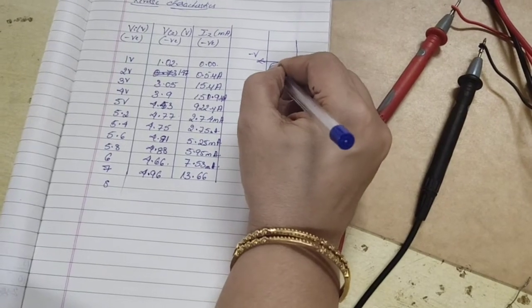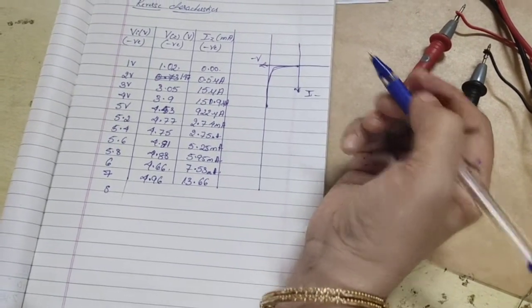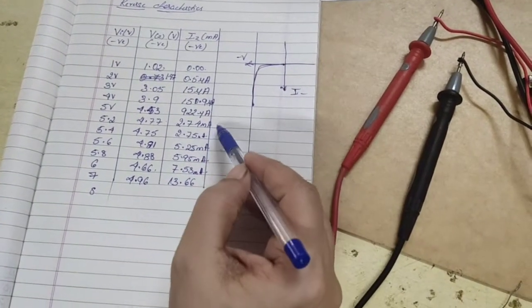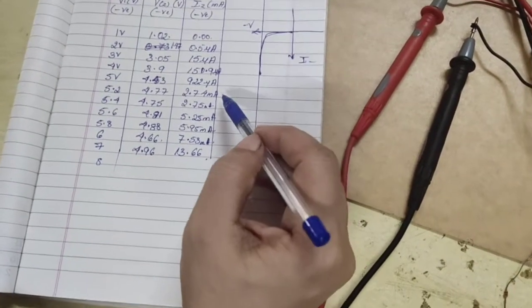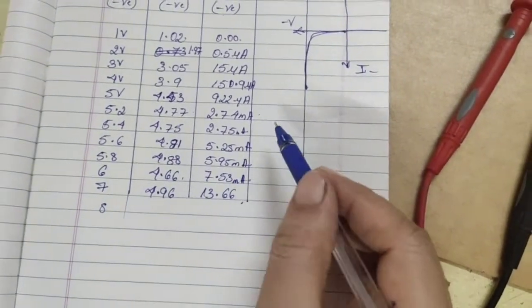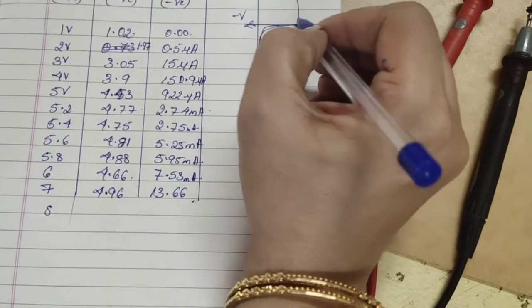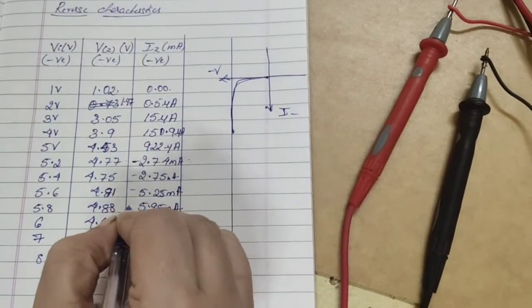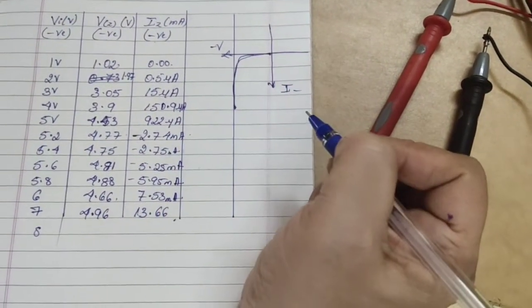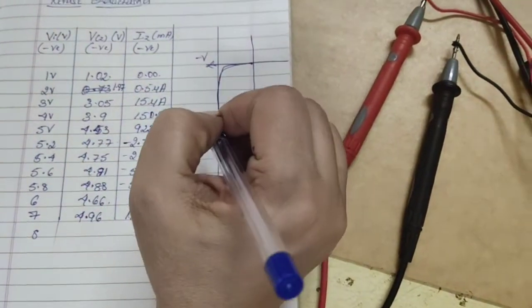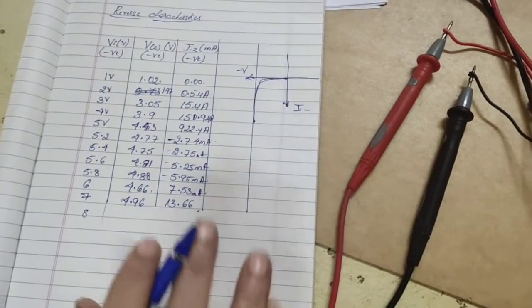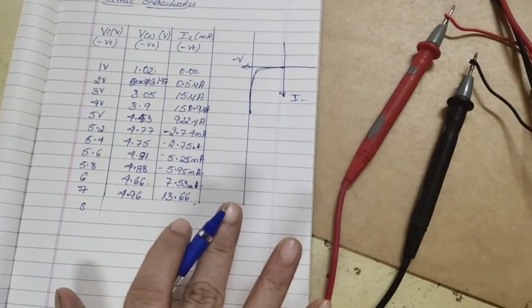A sudden shoot up will be there, an abrupt increment. But increment doesn't mean that it goes up like this, because all are negative, so it comes down like this. So this is about the reverse characteristic. You need to plot this after taking the values.